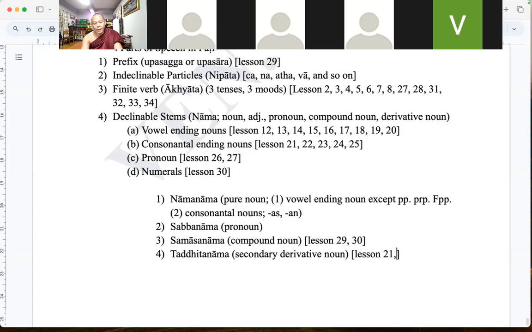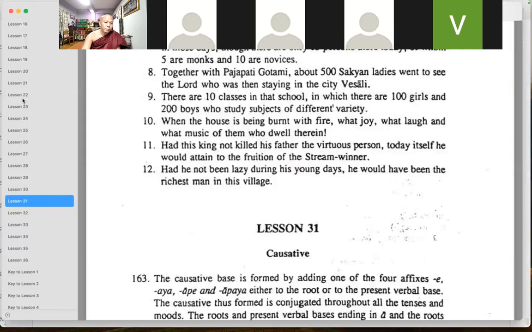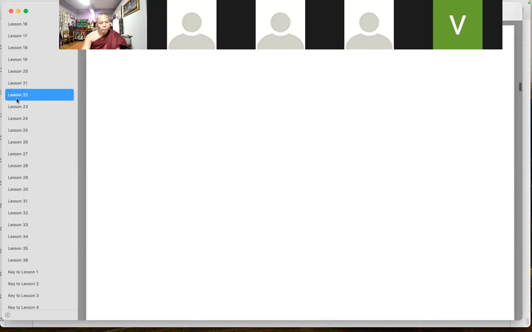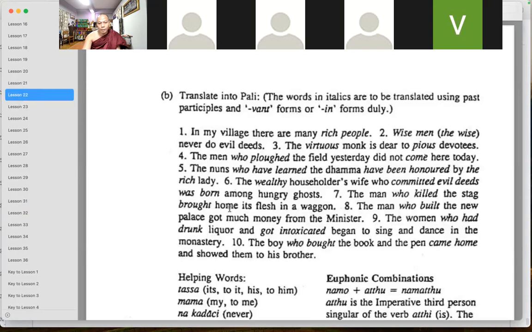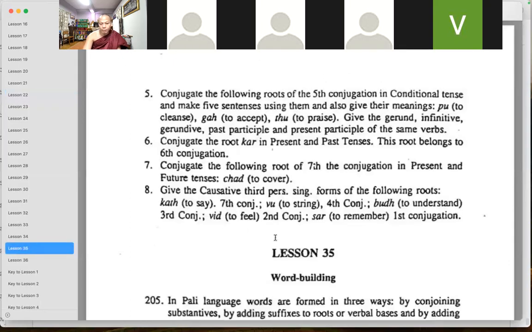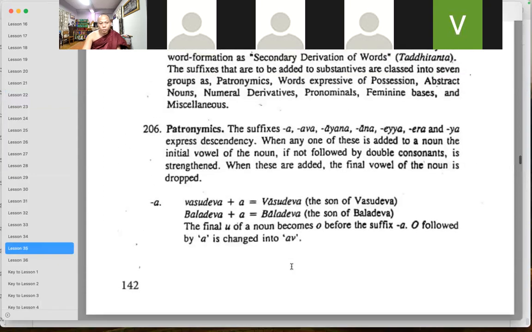So vant, mant, a, those are a kind of taddhita nama. Yes, consonant ending possessive adjectives. These are taddhita nama we call it. But lesson 22 is for the present participle, not past. And then maybe in lesson 35, what building?